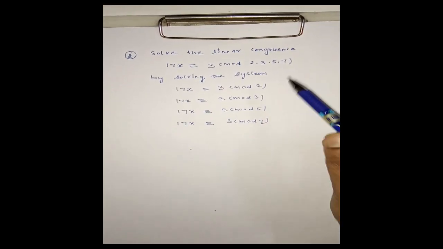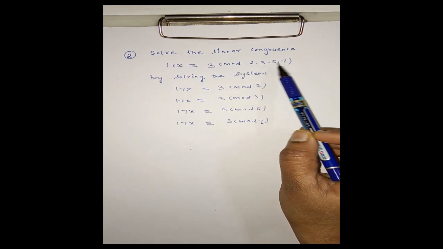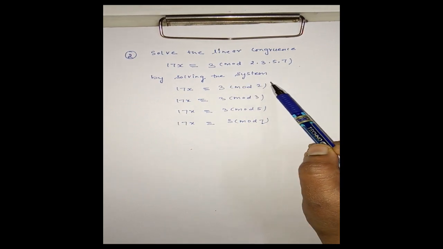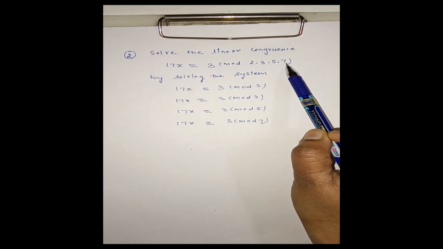Okay, this is a question. We want to solve the linear congruence 17x is congruent to 3 modulo 2 into 3 into 5 into 7 by solving this system. This is n1 into n2 into n3 into n4.